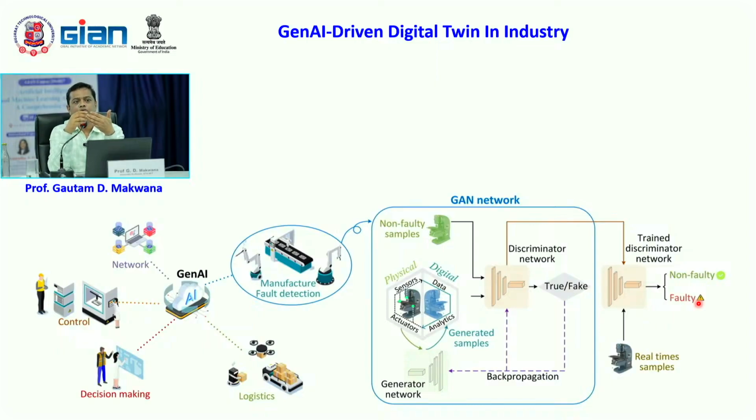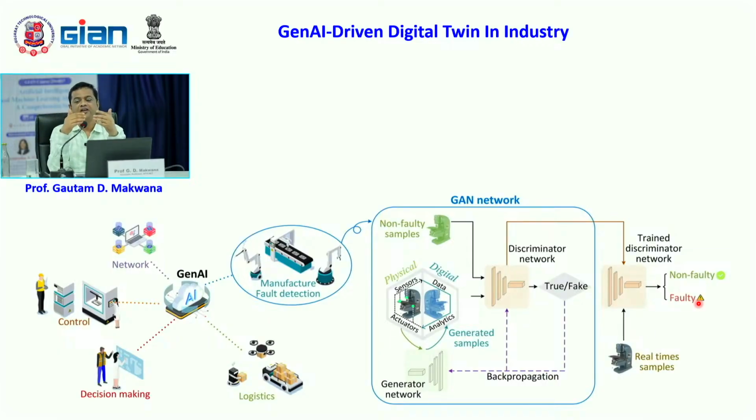We have to go through a series of actions to identify the internal fault of any manufactured product. So the digital twin will perform the internal operations inside the product, and that will identify whether it is faulty or not faulty.